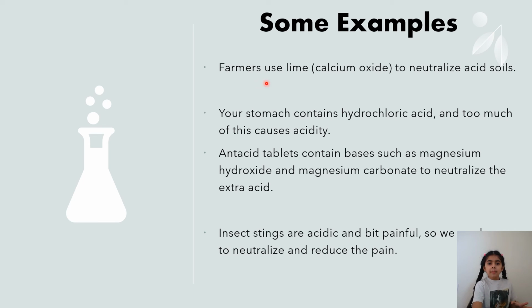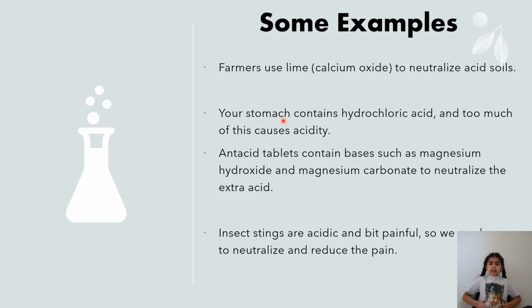Do you know what farmers use? Lime, or just for short, calcium oxide, to neutralize acid soils. Yes, friends. So how it works is, we know that the soil is too acidic, right? To neutralize the acid, they use that. Do you know what?